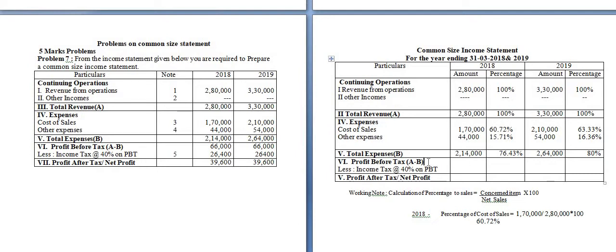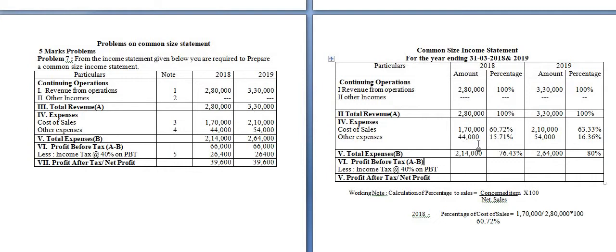Profit before tax is also called operating profit. Keep in mind, operating profit. Now profit before tax, how will you calculate? In brackets we have written here A minus B. What is the amount of A? 2,80,000. B is 2,14,000.